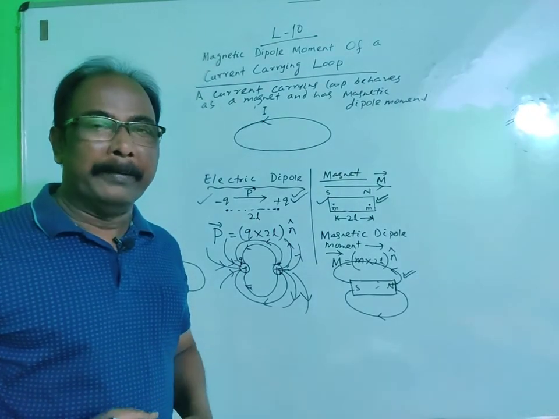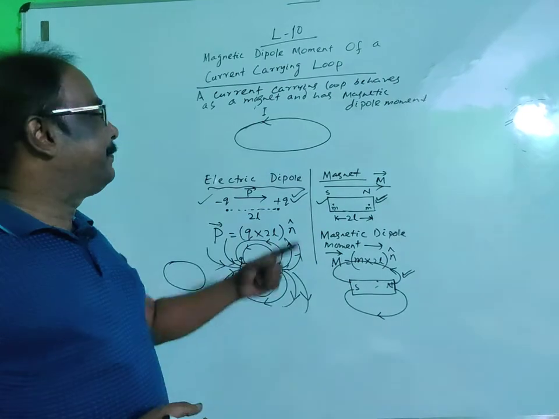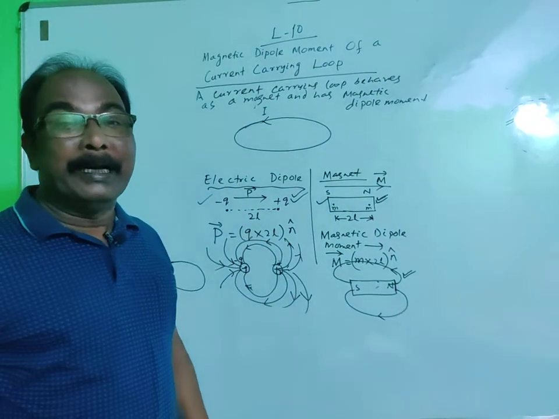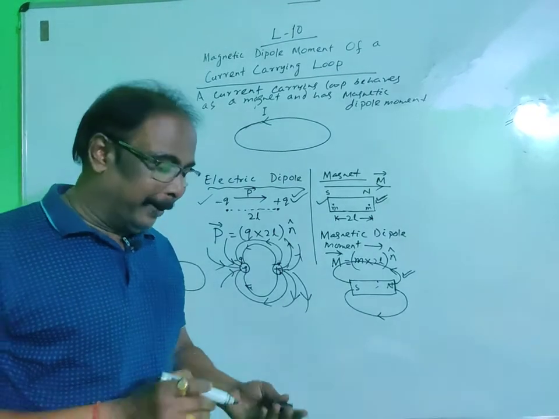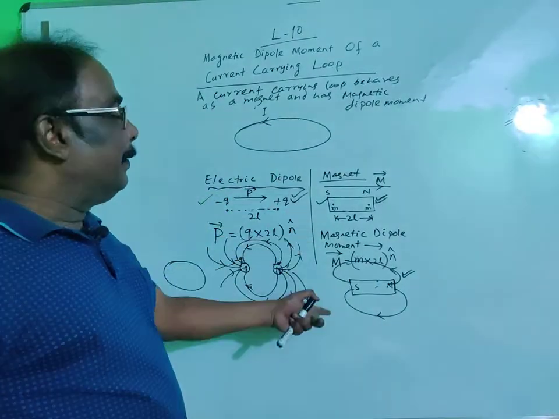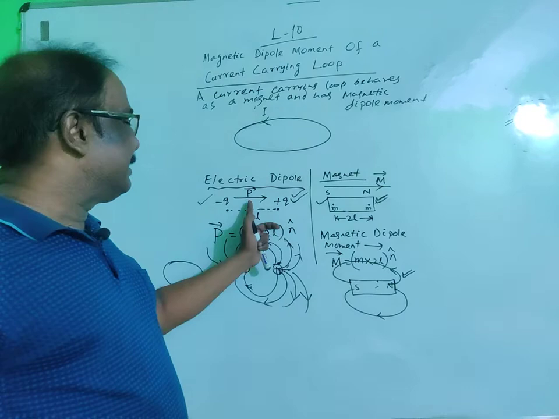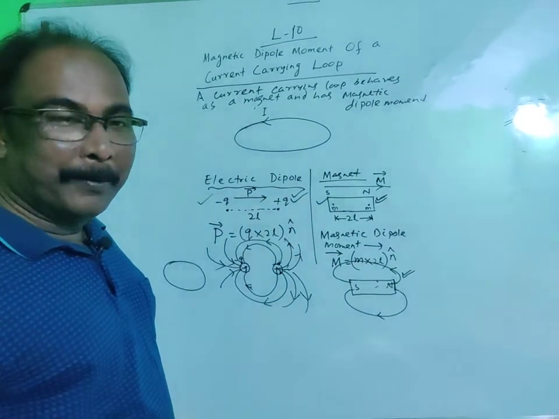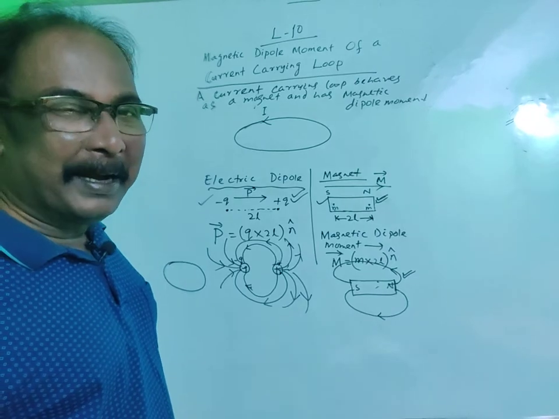Then we will see what the direction of the magnetic dipole moment is and how you can determine it, in all these cases. I will erase these parts now, because this is a simple comparison between electric dipole moment and magnetic dipole moment.